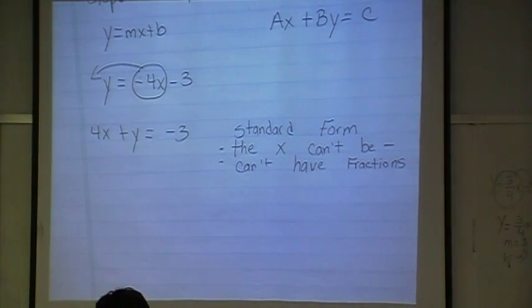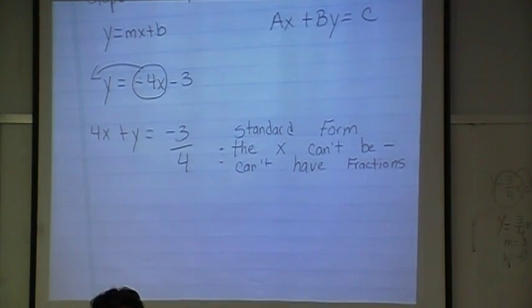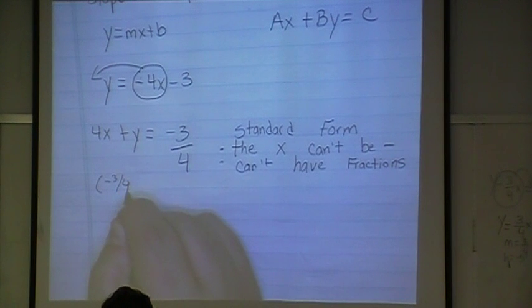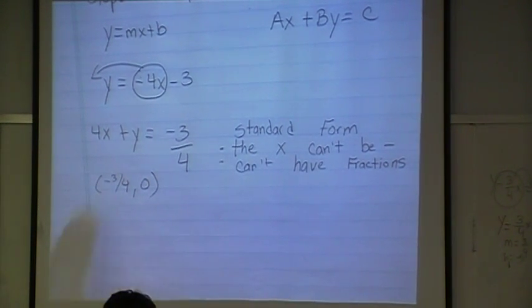It's in standard form. What do I put underneath the negative 3? You're going to write it like this. It's in the x place. The first number in parentheses is the x.